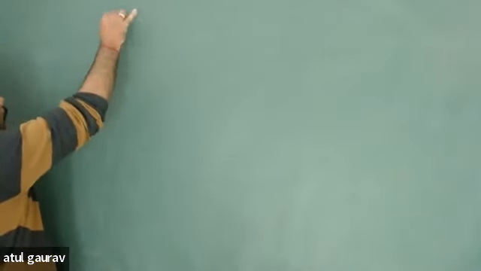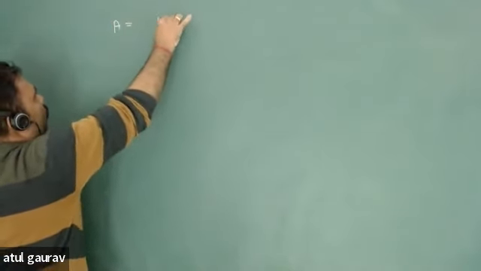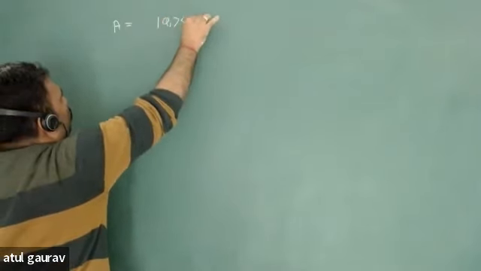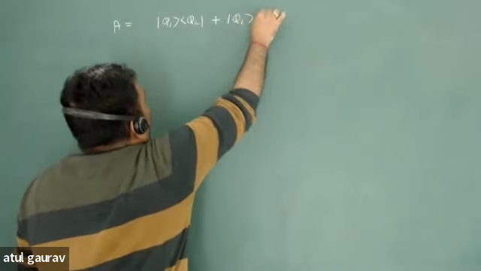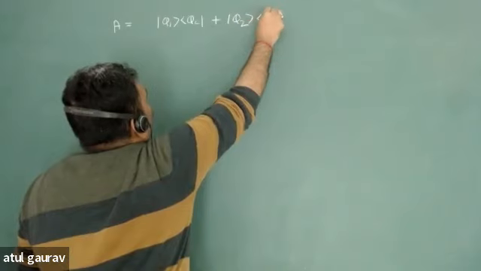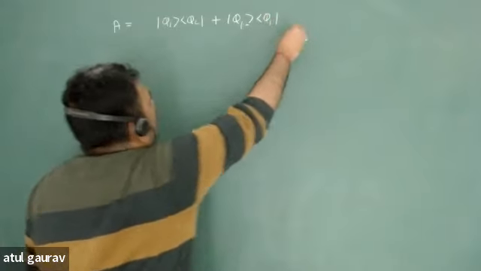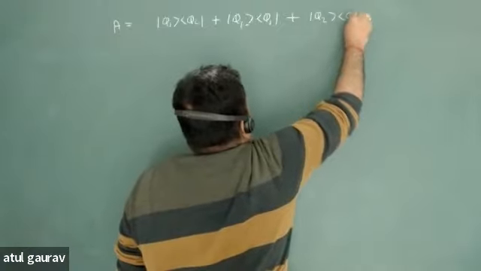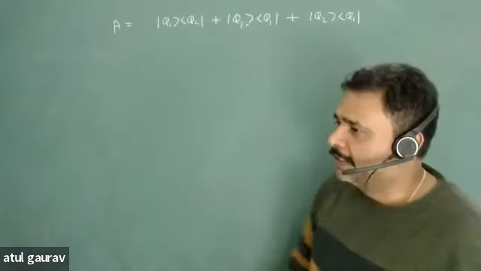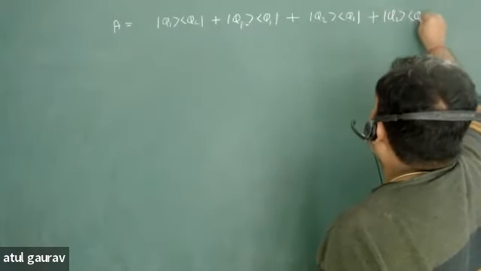If I am representing my operator as A is equal to phi 1 phi 2 plus phi 1 phi 1 plus phi 2 phi 1 plus phi 2 phi 2.